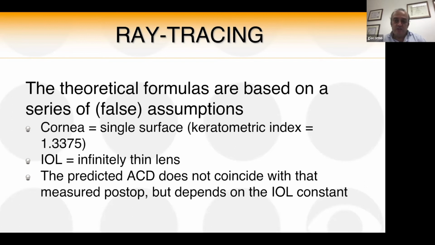post-operative measured position of the lens, but rather the predicted ACD is a fictitious number that depends on the IOL constant. If you put the SRK/T or any formula on Excel and you see where the lens is predicted to stay, you will see that it's predicted often to stay around 6 millimeters back to the cornea, which is impossible.